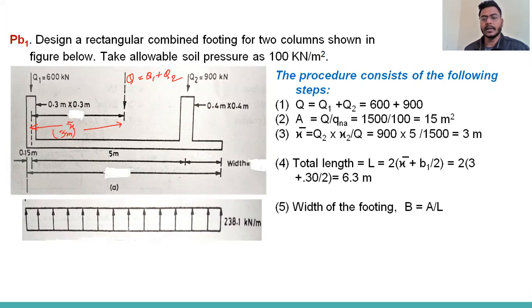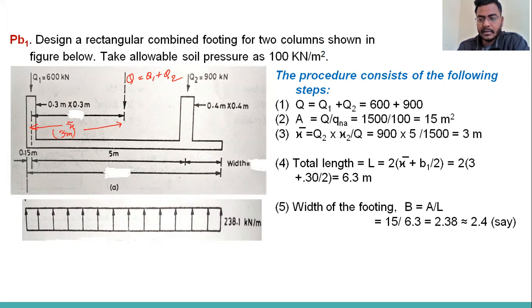Now we can calculate the width of the footing, B, that is A by L. We divide 15 by 6.3 and get 2.38. Now we are assuming that we provide a width of 2.4. When you change the width and length, the actual area will be different from the required area.